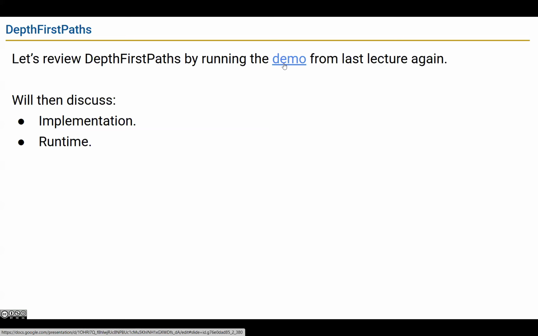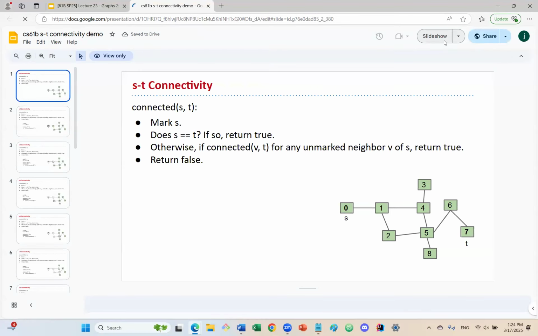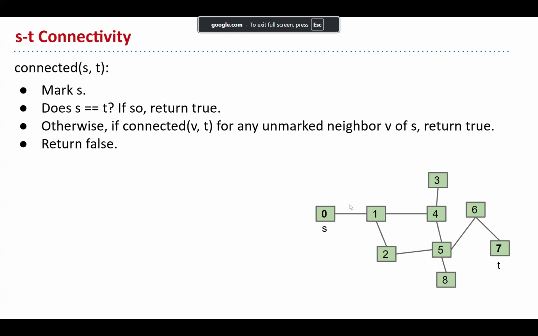Now, let's take a look at the depth first paths that we ran last time. So here's the quick algorithm for how this works. When we were checking to see if two nodes are connected, we came up with this algorithm last time. In fact, what we do is we start off at a node. We check if S is equal to the target node.